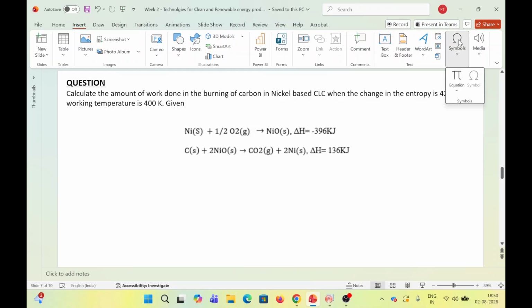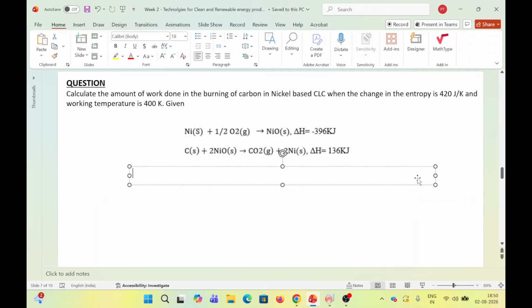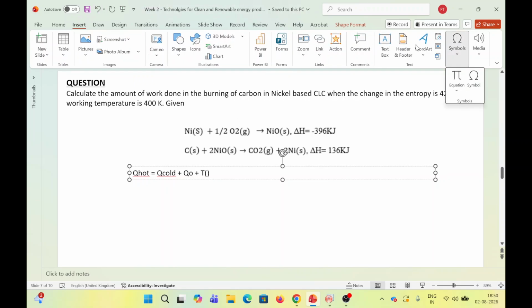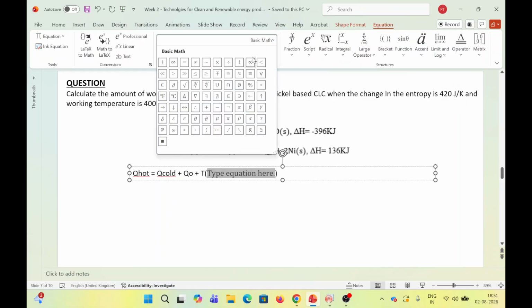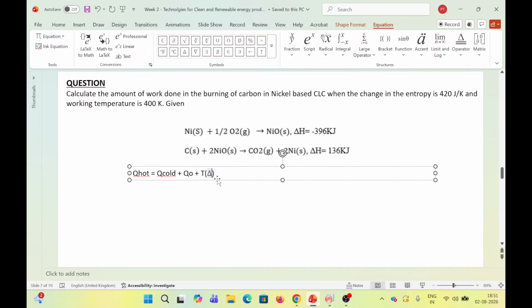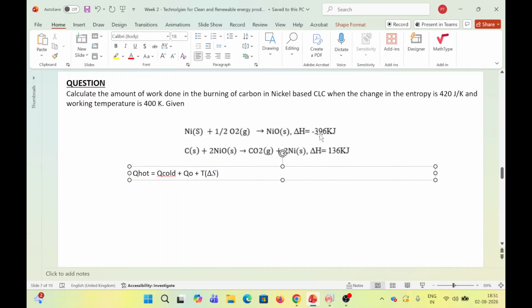I hope some of you may be able to recollect it. Q hot equals Q cold plus Q naught, where Q naught is T times delta S. Is this fine?